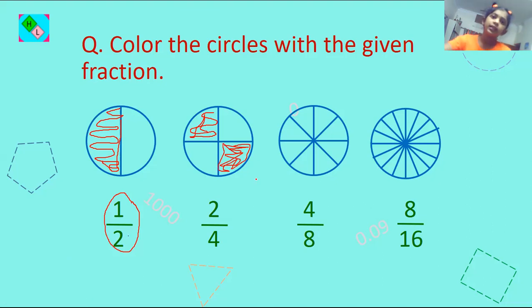Now what is the next? 4 by 8. So what is the denominator? 8. That means the circle is divided into 8 parts. Now we need to color 4 parts. Simple. Let's color these 4 parts.